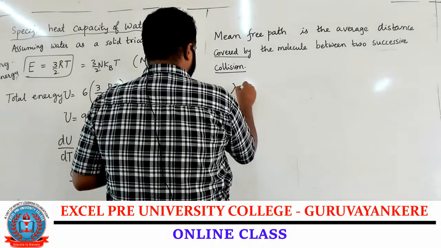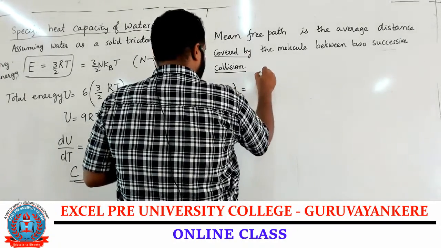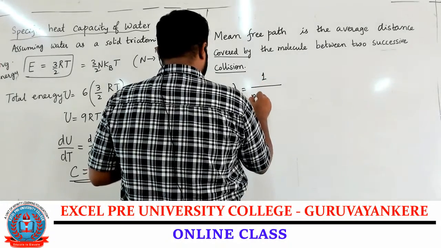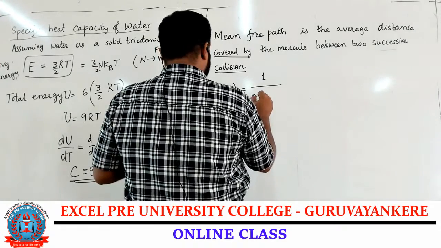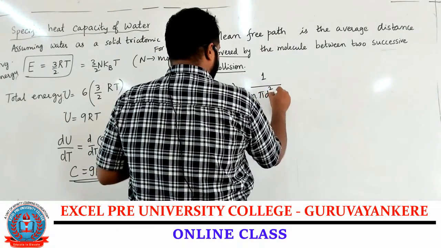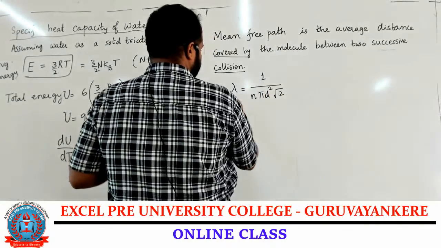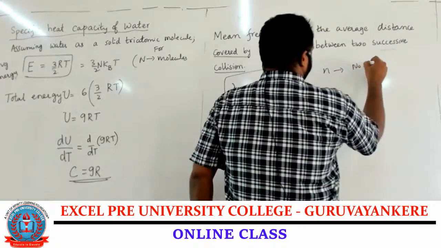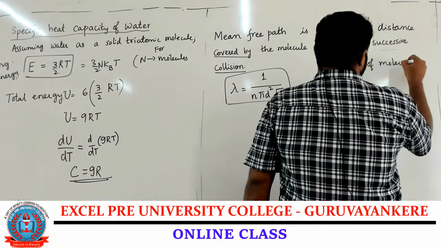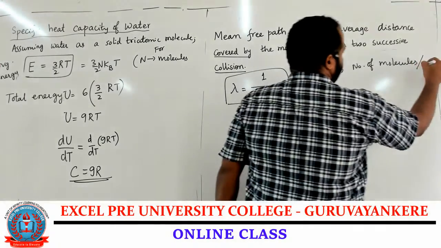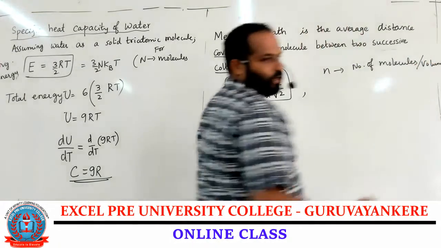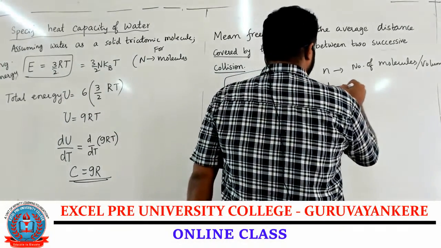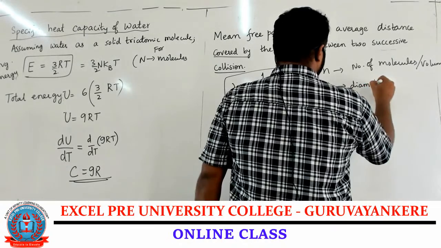So the mean free path lambda is given by 1 by n pi d square into root 2, where n is the number of molecules per unit volume, and d is the diameter of the molecule.